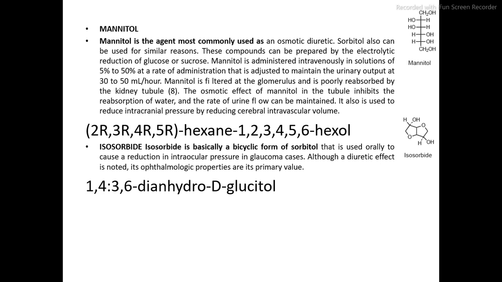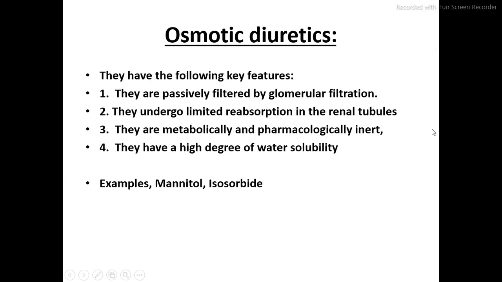Although a diuretic effect is noted, its ophthalmologic properties are its primary value. As we have discussed this drug in the anti-anginal agents, this is its IUPAC nomenclature, that is 1,4:3,6-dianhydro-D-glucitol. Okay, this is isosorbide.